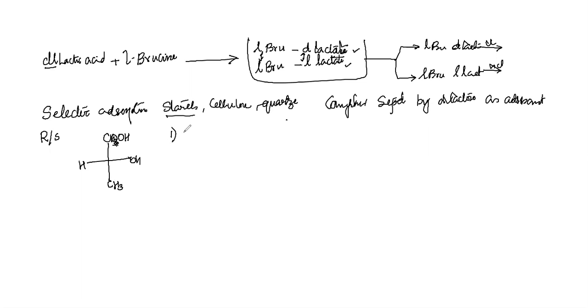Number 1, identify the chiral carbon. You know what is a chiral carbon. Ensure that there is a carbon which contains all 4 different atoms and groups. All 4 atoms and groups are different. So identify the chiral carbon. Second step, identify 4 different atoms and groups.